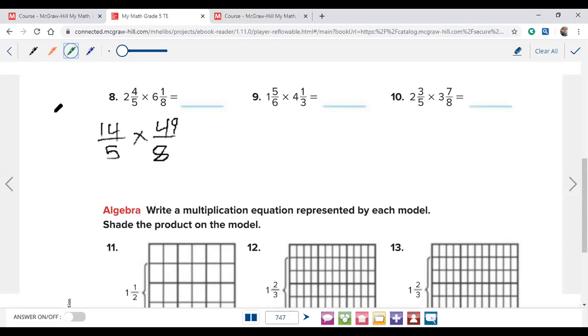Yes, I have 14 and 8. Both of them are divisible by 2. So 14 divided by 2 will be 7, and then 8 divided by 2 would be 4.